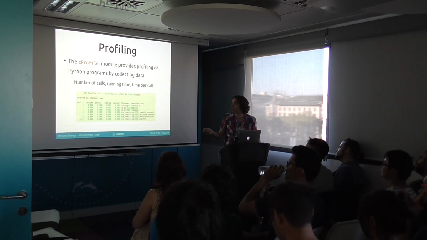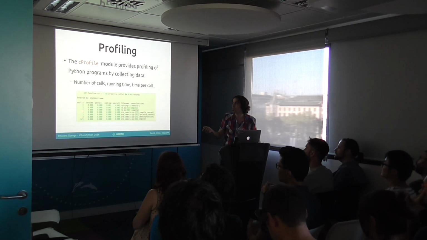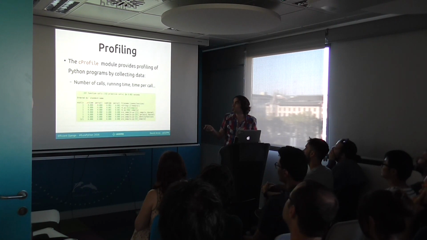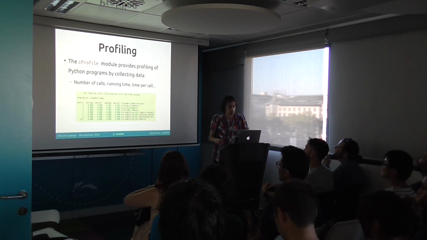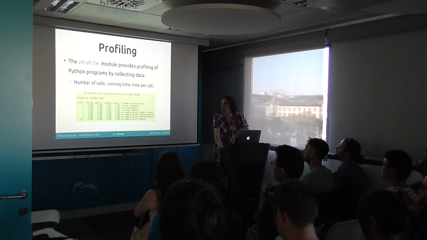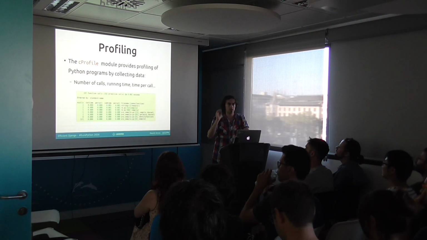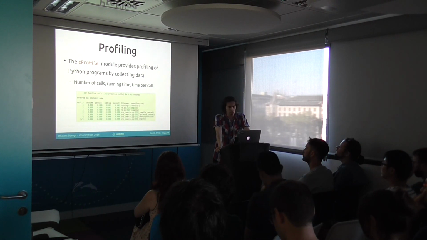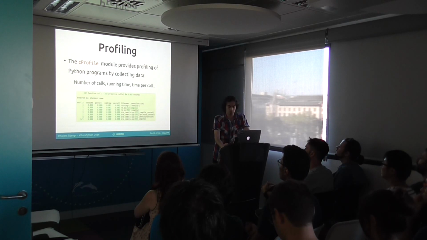So this one was called four times, but usually you will see hundreds or thousands of times. Running time, how much time it has been running, in total, per call. You can see many things here. This is quite low level, but this can help you find the thing that is going slow. And the cProfile module is perfect for this.